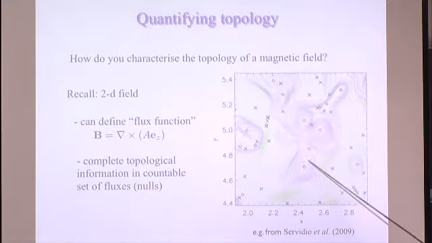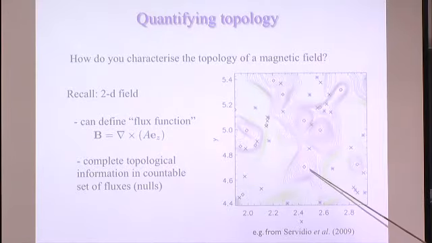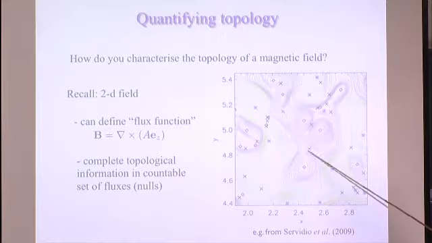The field lines are actually the contours of the flux function, and we characterized here the extrema of this flux function and the saddle points by red and blue dots and black crosses.